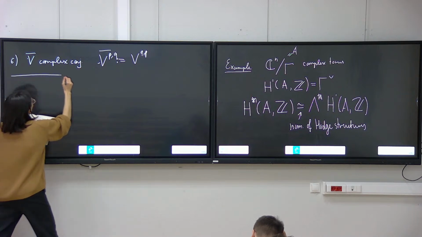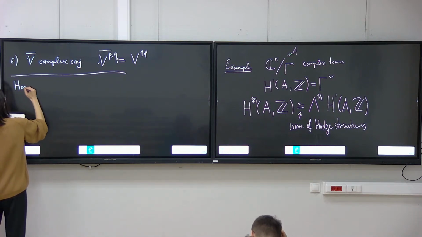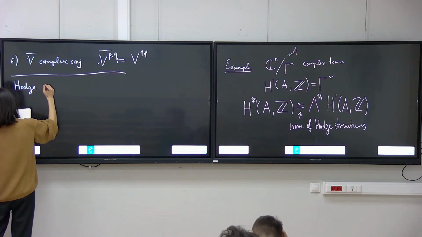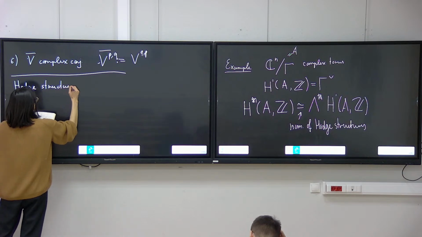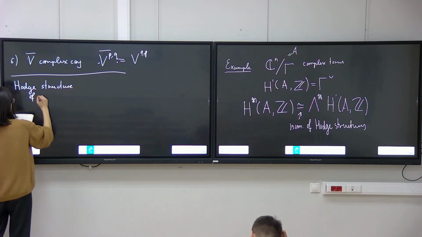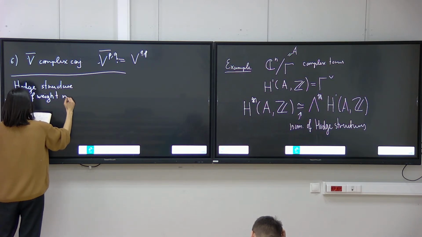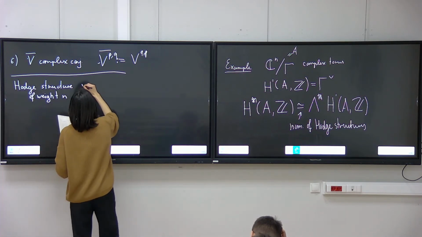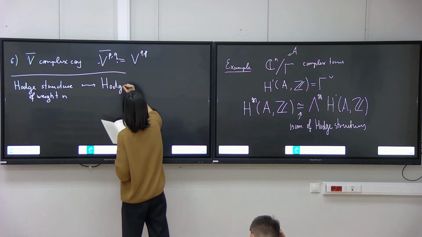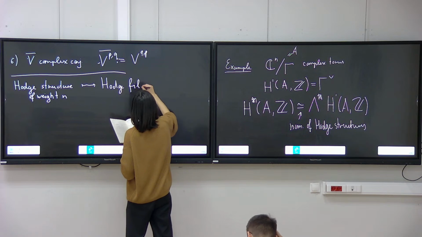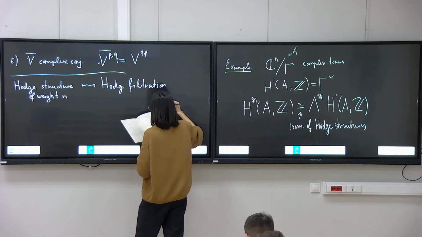Okay, and now also let me say that Hodge structures of weight n can be equivalently defined from the Hodge filtration.